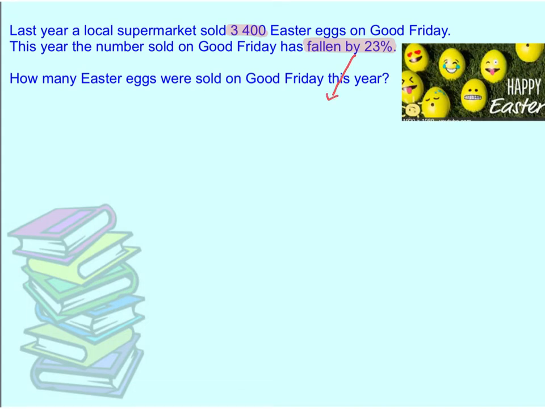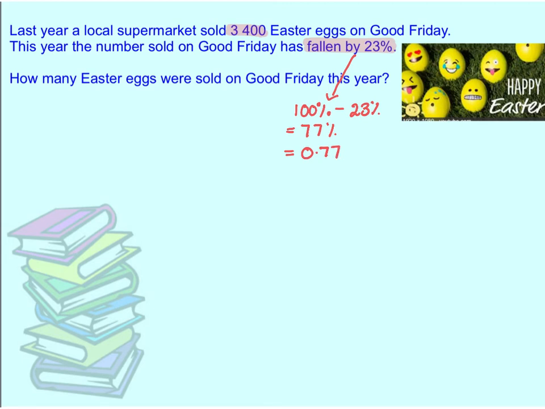Okay, so last year's sales, 100%, and they have fallen, so that's a takeaway, fallen by 23%. That means what's left, 77%. Divide by 100, and our multiplier is 0.77.